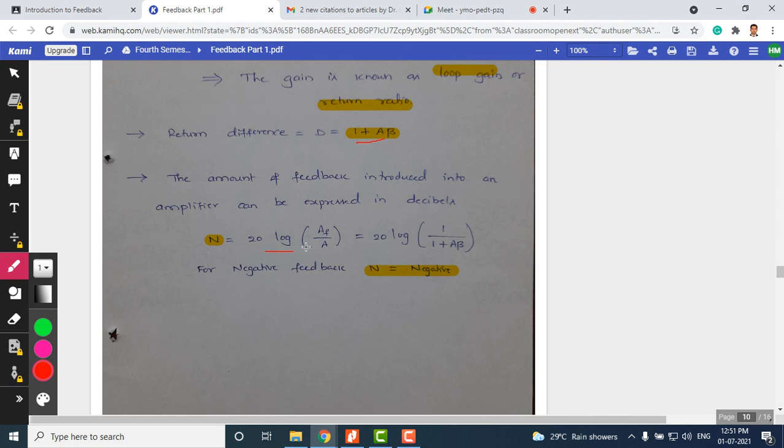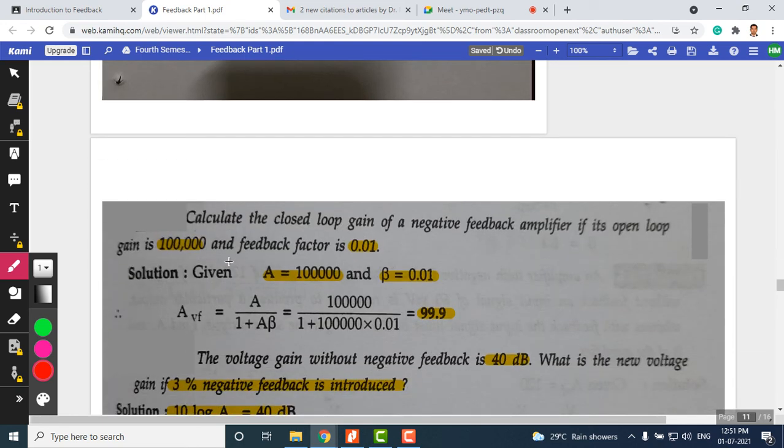This is expressed in decibels as 20 log of AF by A. We know that AF is equal to A divided by 1 plus A beta, so AF by A is 1 divided by 1 plus A beta. So this is the expression you see here. For negative feedback, N will be negative. So this is about the loop gain, and we will continue the remaining things in the next class.